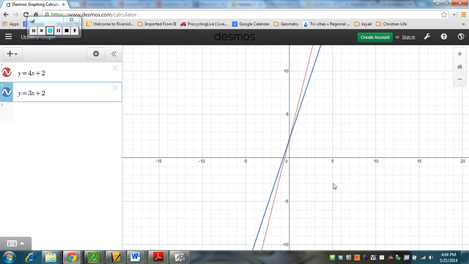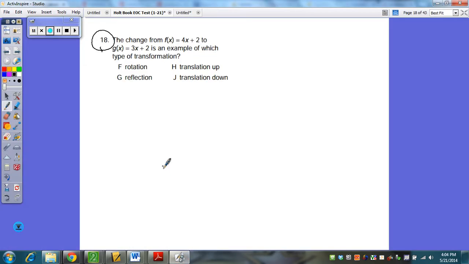Okay? Now, what happened? The only thing that happened was my y-intercept is the same. My slope was 4, so that's a steeper slope, and then it went to a less steep slope of 3. So my line simply rotated. It went from a slope of 4 to a slope of 3. Okay, so the line just rotated down with a lesser slope. So in this case right here, we can see that we have a rotation.